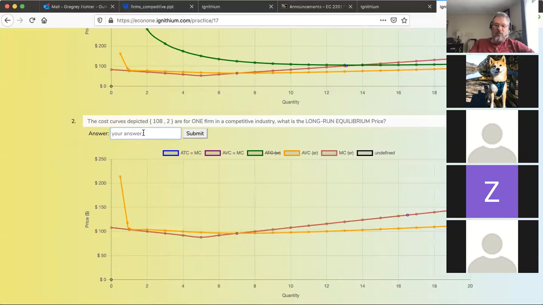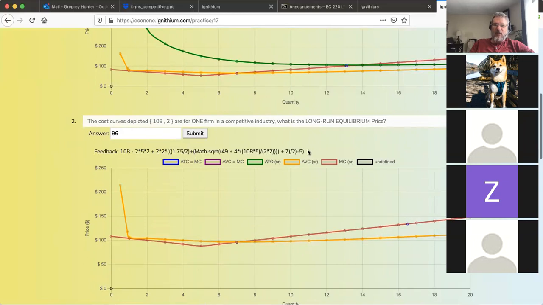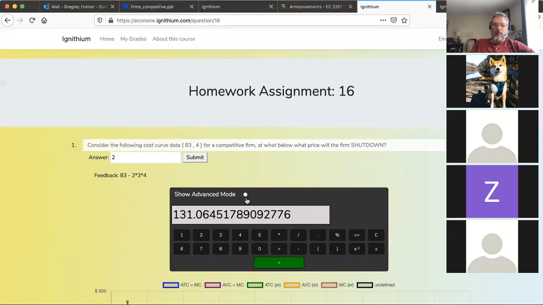And I'm sure we're going to get another hideous long equation. I said 134.